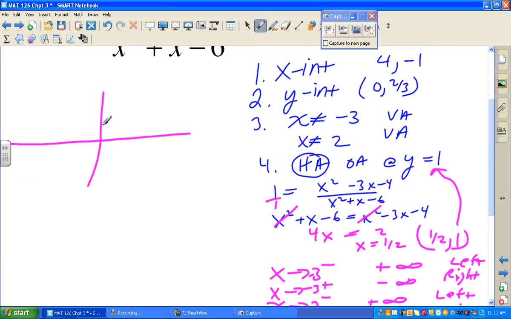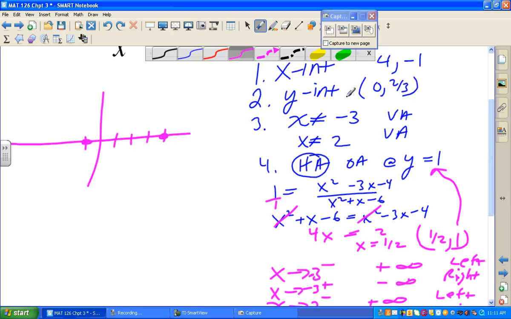4, -1. 1, 2, 3, 4. Oh, sorry. There you go. -1 right there, and 4. Perfect. 0, 2/3 for the y-intercept.